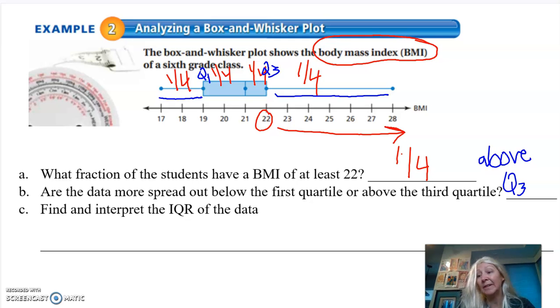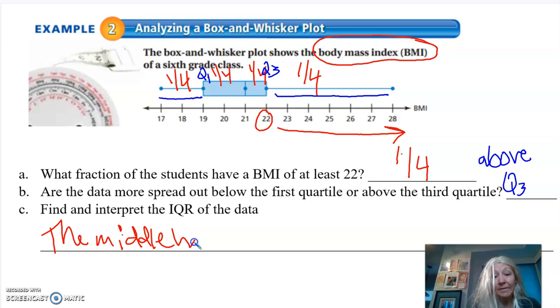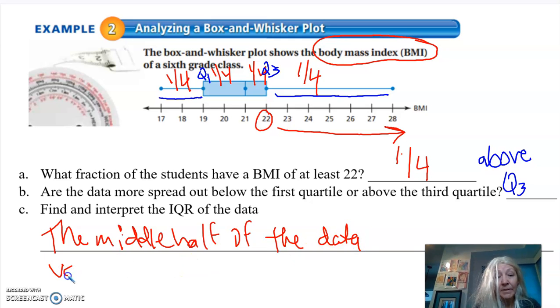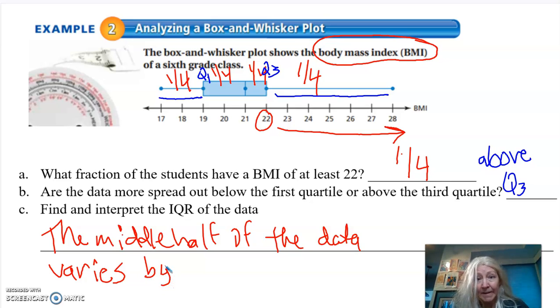Now, find and interpret the IQR of the data. This is where I gave you that language that said the middle half of the data varies no more than. So I put the middle half of the data varies, or you could say varies by instead of no more than. What's the difference between Q1 and Q3?